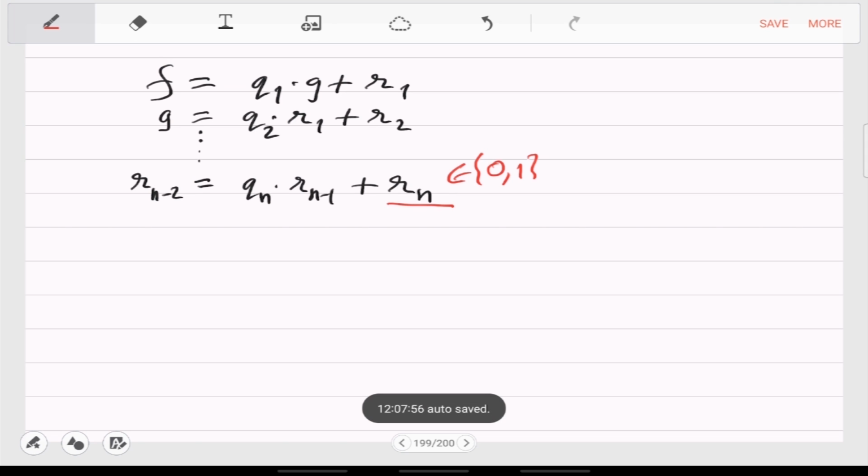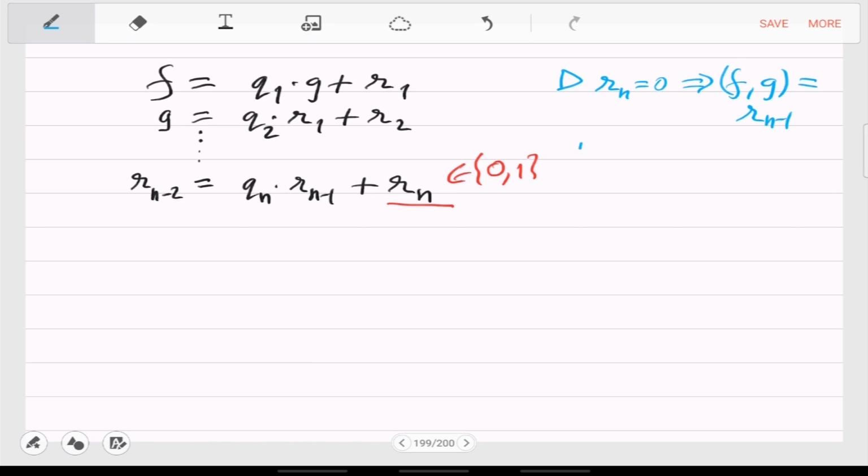If it is 0, then what do you think the GCD is? R_n equal to 0 implies that the GCD is R_{n-1}. Otherwise, R_n can be any non-zero constant, so we can take it to be 1 also. Actually, can we take it to be 1?